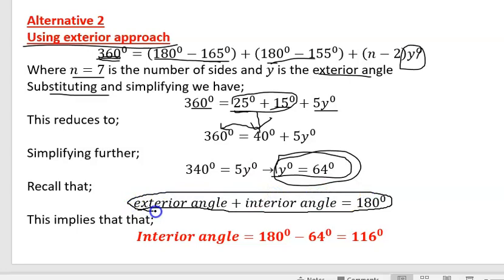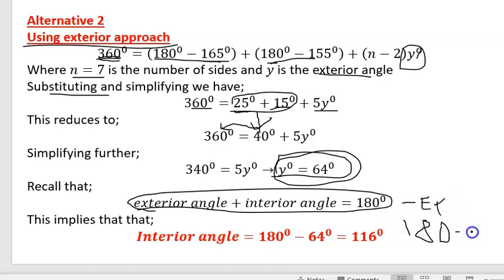So the interior angle is equal to 180 minus the exterior. Remember, we have already gotten the exterior. So we'll have 180 minus 64, the one that you've gotten.